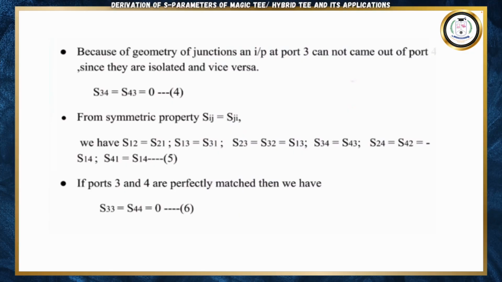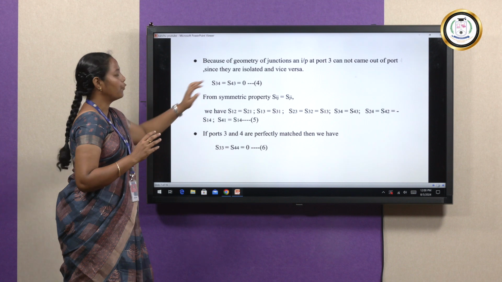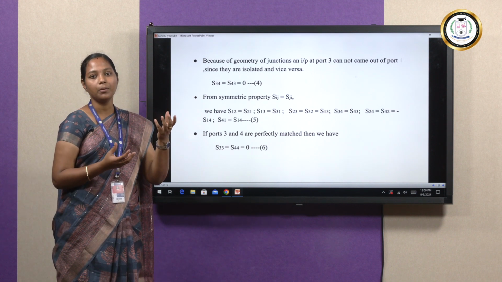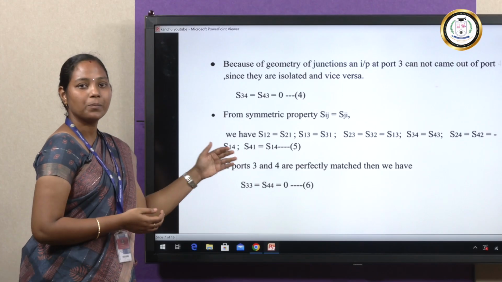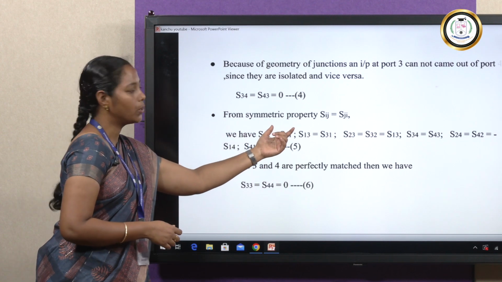The next thing is, if you are giving the input at port 4, we will not receive any outputs at port 3. Likewise, if you are giving at port 3, there is no output at port 4. So S34 and S43 are 0 here. As per the symmetric properties, we know that Sij equals Sji.